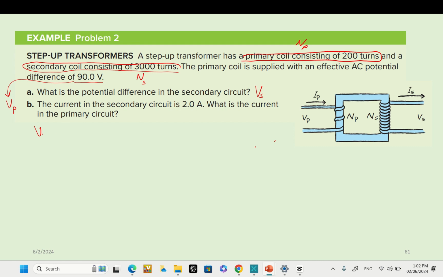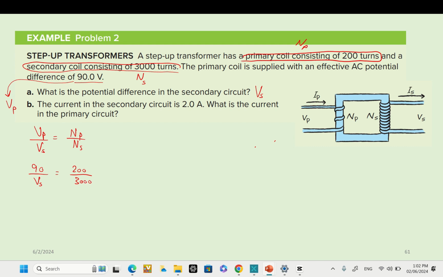According to the equation, Vp over Vs equals Np over Ns. And then you substitute. The primary voltage is 90, Vs is the unknown, equals Np, which is 200, divided by Ns, which is 3000.